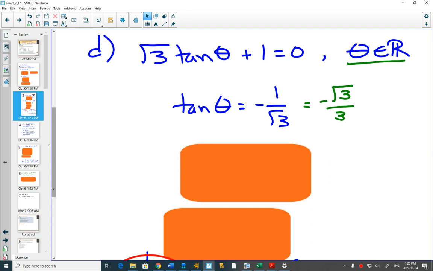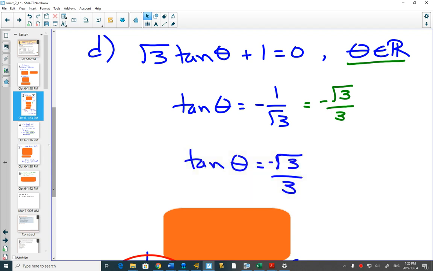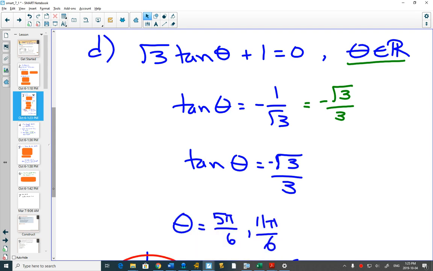So sometimes we need to rationalize our denominator to be able to recognize that value's on my pi plate. What family is that? That's part of my pi over 6 family, and since tan is negative, it's in quadrant 2 and quadrant 4.